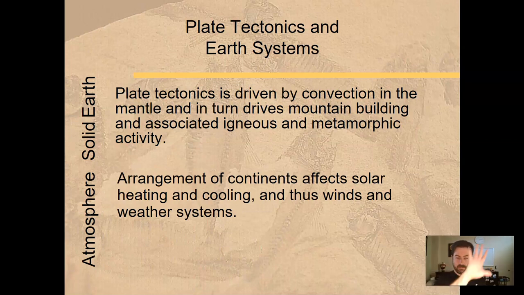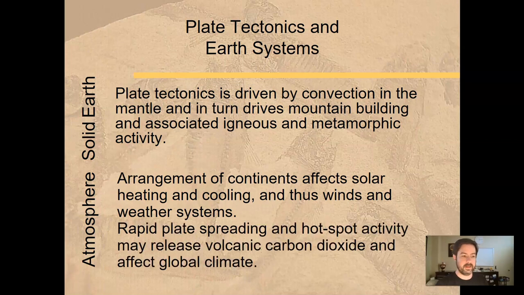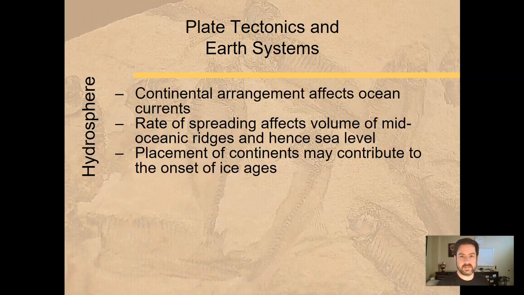Again, if plates move around and continents move around, the arrangement of continents affects how the Earth is heated and cooled. Therefore, that affects wind patterns and weather systems. So where things are affects weather and climate. We can also get release of gaseous material, mostly from volcanic sources, into the atmosphere, which can change the climate as well.